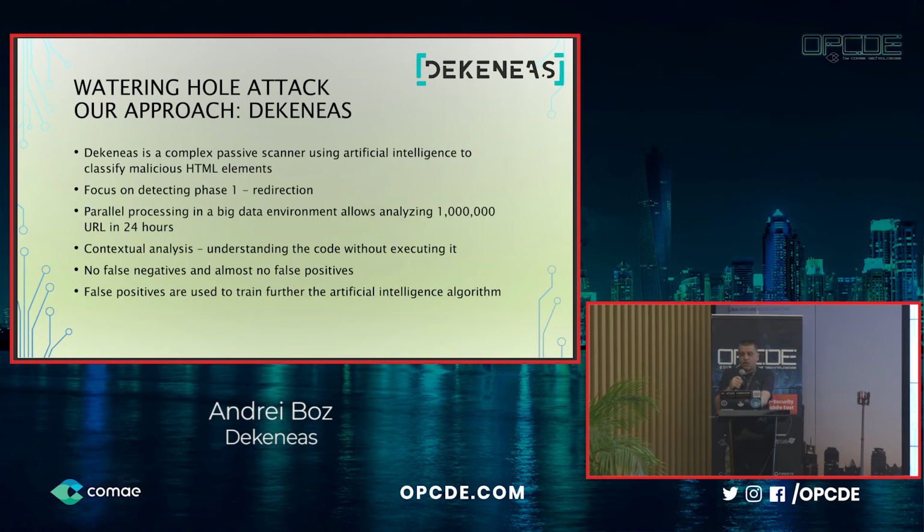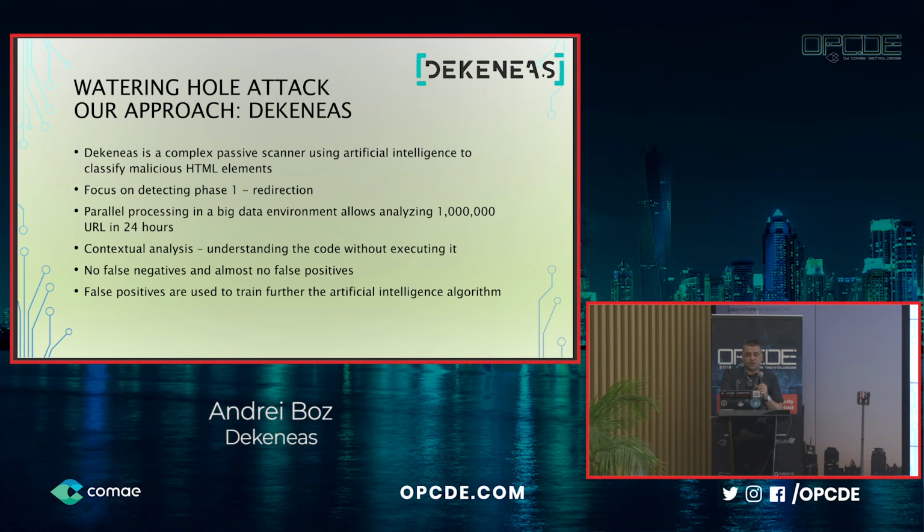So we understood that we had to come up with a new approach, a different approach. I started developing DEKENEAS in 2016 as a complex passive scanner using artificial intelligence to classify malicious HTML elements.